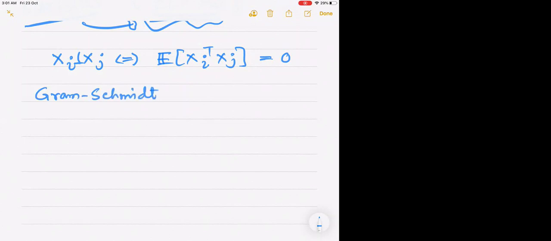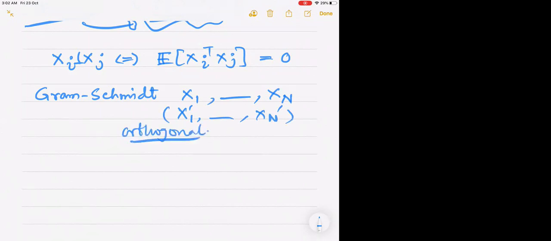So instead of having x1 up to xn, change the observations so that you have x1 prime up to xn prime. It's a new basis which is orthogonal by doing Gram-Schmidt one after the other.